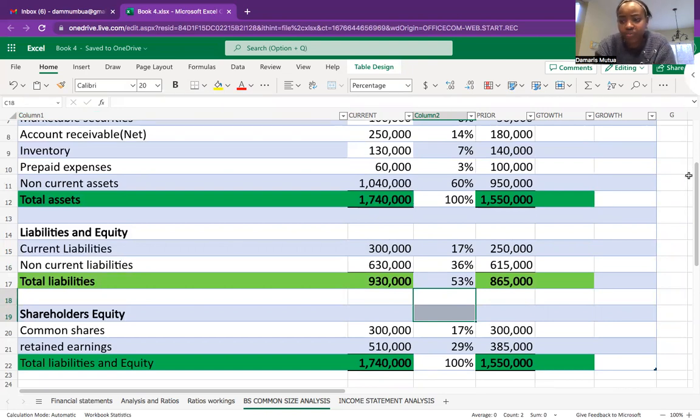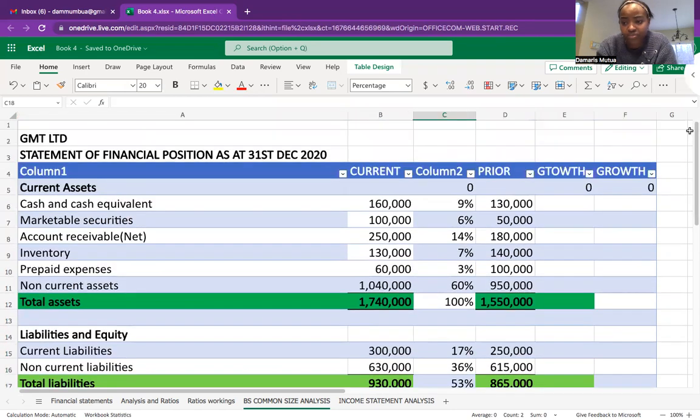Let me show you another way you can use to also analyze your balance sheet. Once you've done that, you are now able to compare what the capital structure of the organization says about the different sources of finances.